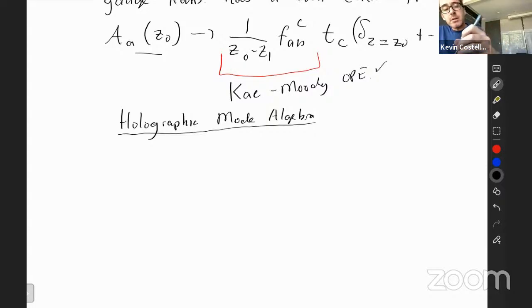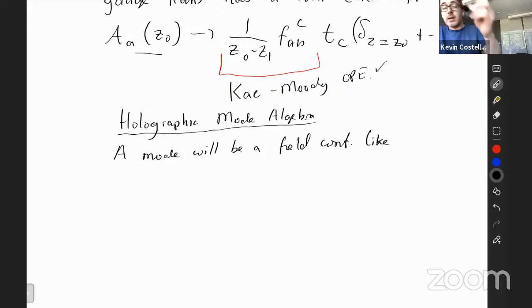a mode will be a field configuration like, for example, some power of z, a delta function where z is on the circle.